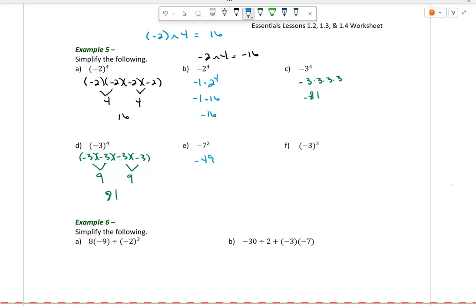Negatives are good, because now I only have 3. I have an odd number. So if we wrote this out, we'd have negative 3, negative 3, negative 3, because that negative is included with the power. Right here I get a positive 9, but it's times a negative 3, so that gives us a negative 27. Okay? Are we good?